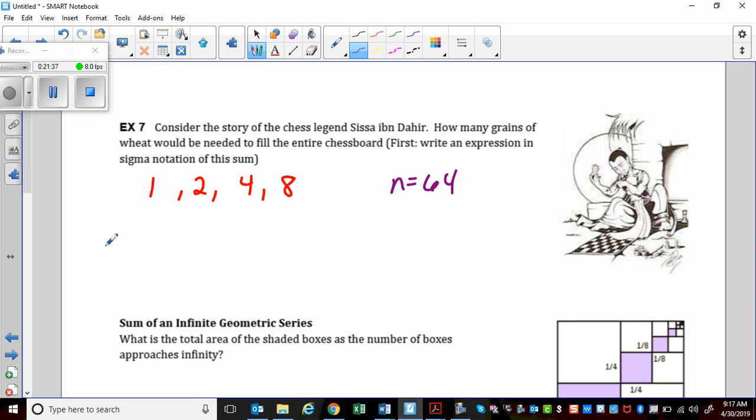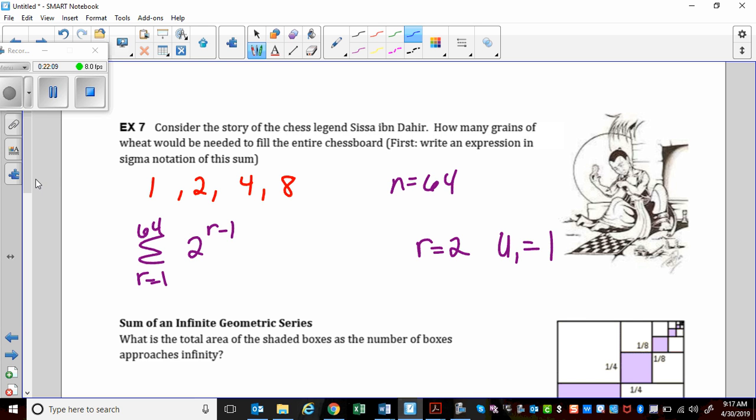So we have the sum of 2 to the r minus 1, because our ratio is equal to 2; 2 over 1 is 2. And our u sub 1 equals 1. So this is going to be the summation as r goes from 1 to 64, because there are 64 squares on a chessboard.